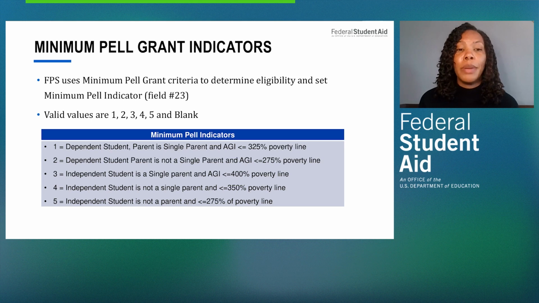Indicator 3 is for independent students who are a single parent whose AGI is equal to or less than 400% of poverty level guidelines. Indicator 4 is for independent students who are not a single parent whose AGI is equal to or less than 350% of poverty level guidelines. And then indicator 5 is for independent students who are not a parent and whose AGI is equal to or less than 275% of poverty level guidelines.